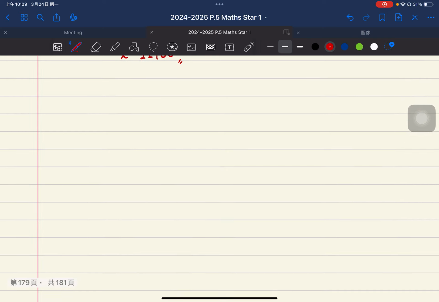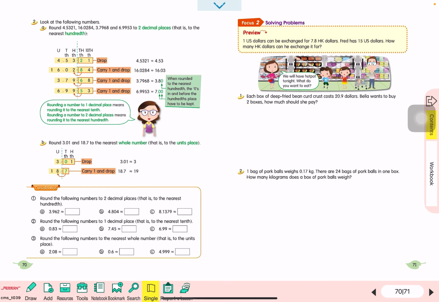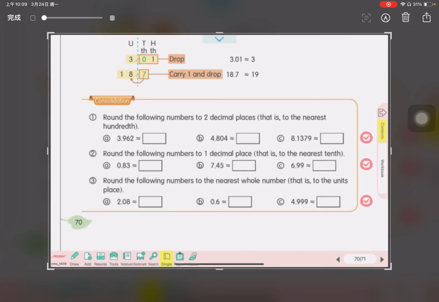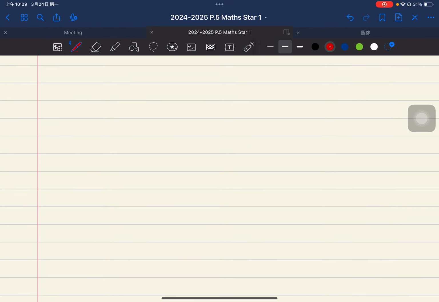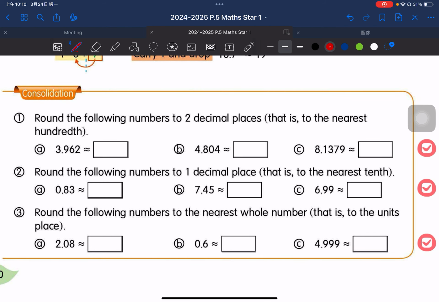For example, let's take an exercise from the book, the consolidation. Here, you will see we round the number to two decimal places, which is the same as rounding to the nearest hundredth.